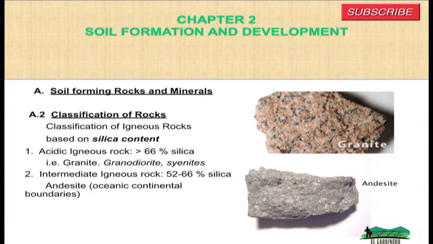It appears to be this picture. The second classification based on silica content is the intermediate igneous rocks. This contains about 52 to 66% silica. And the example is andesite.